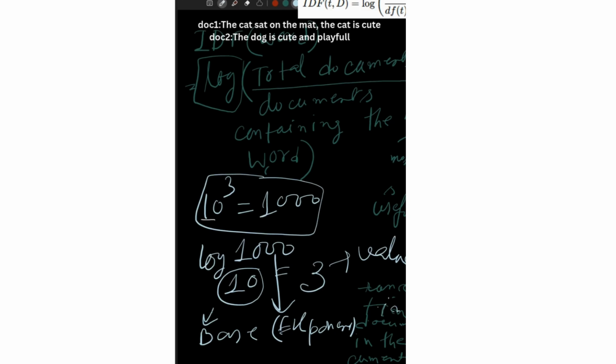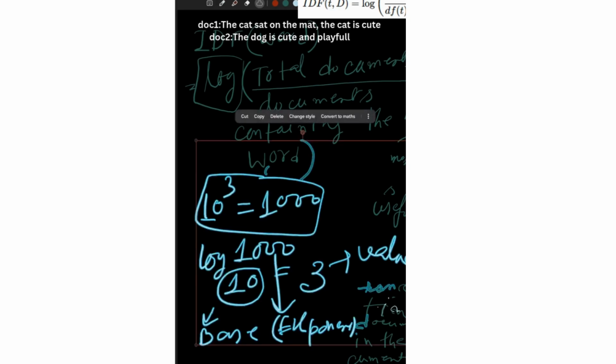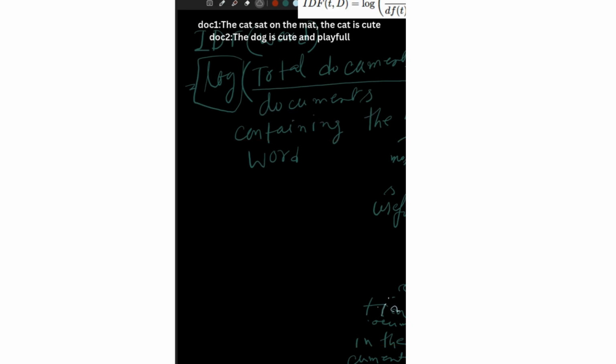So log means basically 10 to the power 3 equals 1000, right? We can also take one more example. Instead of 10, we can take 2 cube equals 8, right?